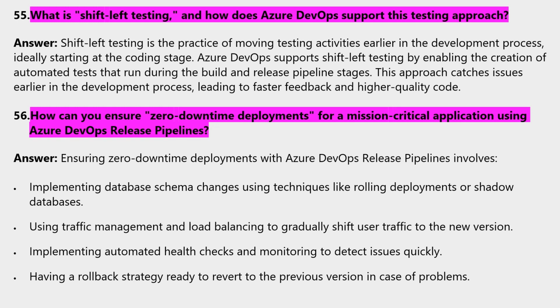How can you ensure zero downtime deployments for a mission-critical application using Azure DevOps release pipelines?